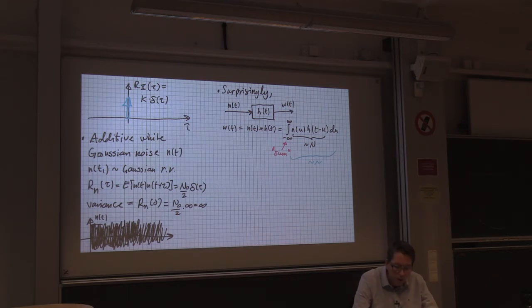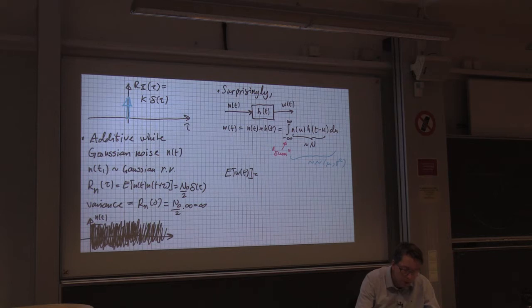The good thing about Gaussians is that we only need to figure out the mean and the variance to fully specify them. So let's do that. It's not difficult actually. The average of w(t), the expectation of w(t), we can compute using the linear properties of the expectation.